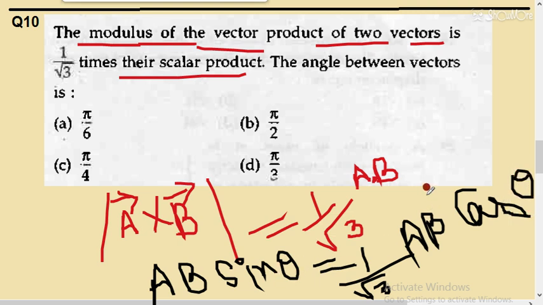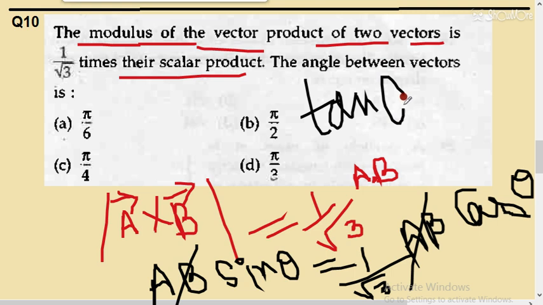So AB will cancel out and we are left with tan theta. So tan theta is equal to 1 by root 3.